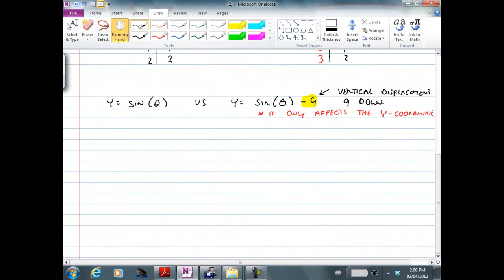Let's try if I give you this. Y equals sine theta minus pi by 2. Back in trig, notice now the number is inside the bracket. What does this do? Shifts it which way? Right. This is something called a phase shift.